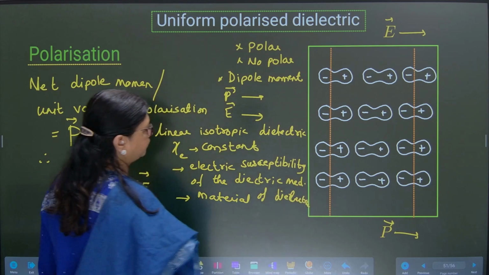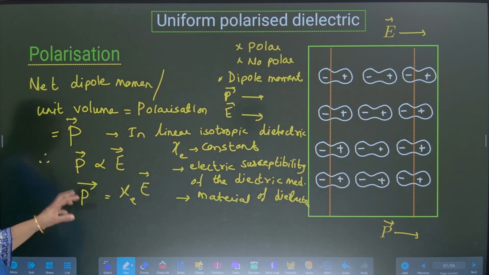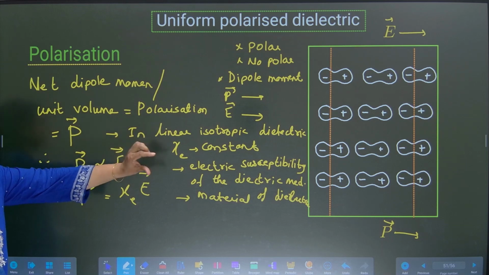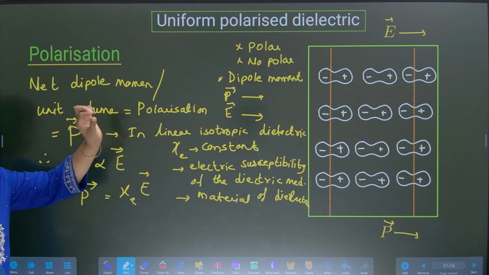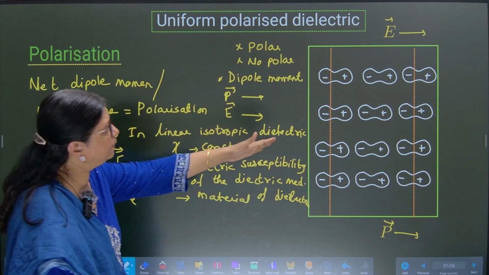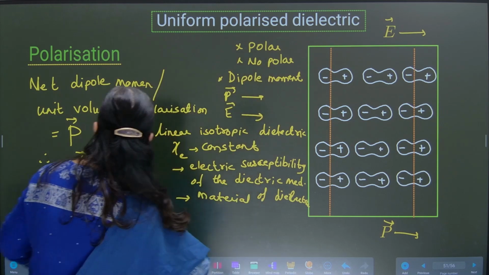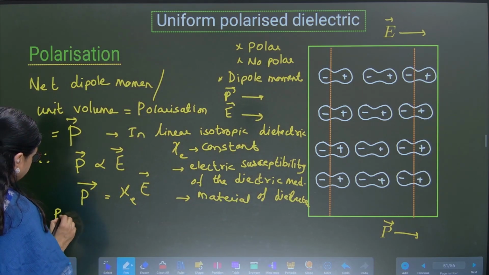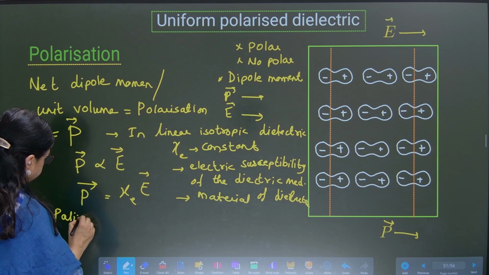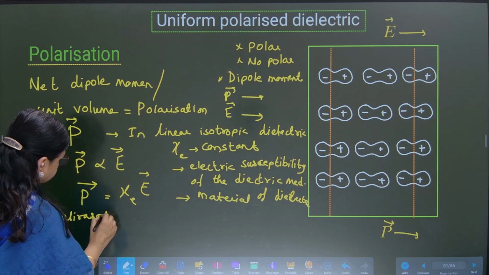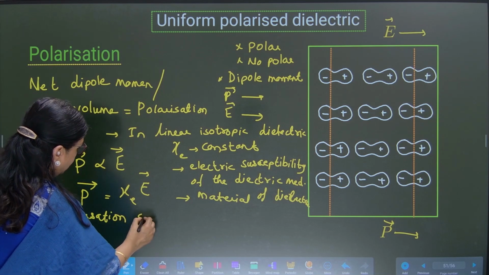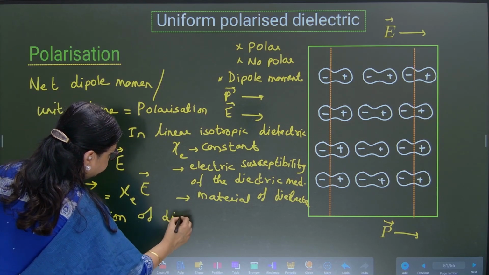Fine. Okay. Now, because the polarization has happened, after this process there will be a polarization of the dielectric.